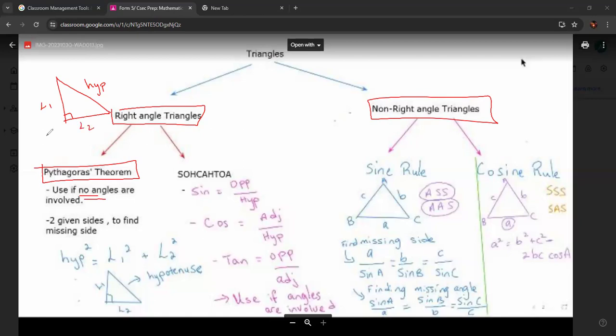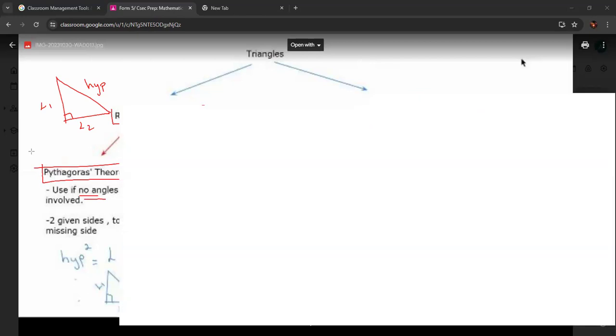So for each, I'll do an example so that we'll know for sure how it works out. So I'm going to look first at the Pythagoras' theorem.